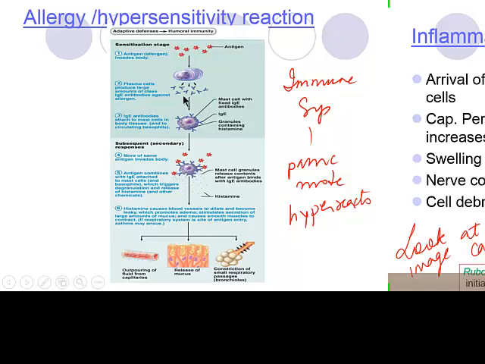Those antibodies are IgE antibodies. So again, it's very important to look at slides very carefully. You'll see the answers in the slides itself. Those IgE antibodies go and attach to mast cells and basophils. Mast cells and basophils contain granules which have histamine and heparin.